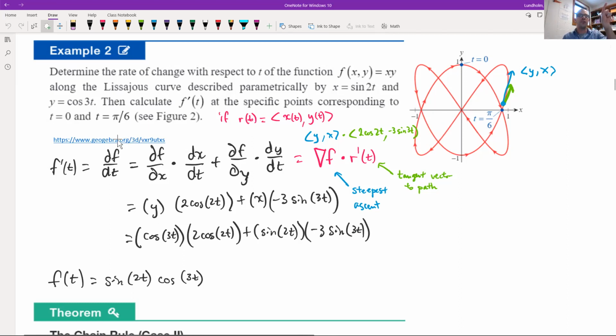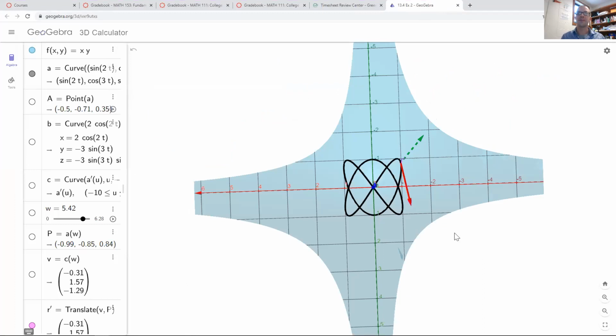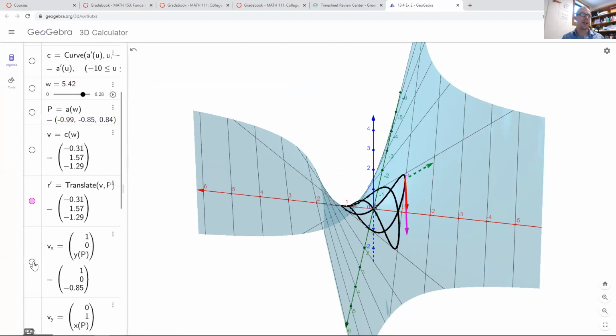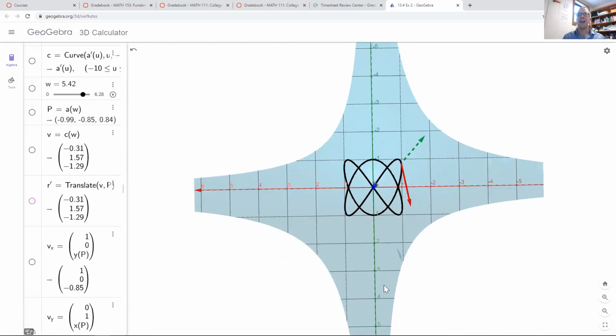Now let's go to GeoGebra. Oh, I already have this open. Let's pull it up here. All right. Let's get rid of this one for now. So this is actually the tangent vector and gradient vector if we're looking down at this at a two-dimensional plane.